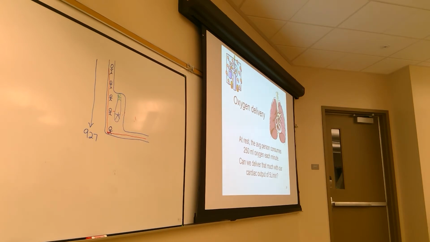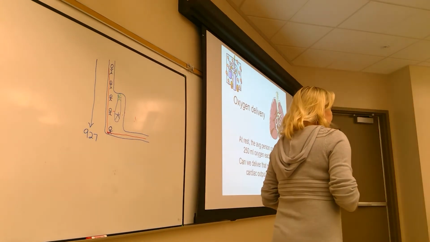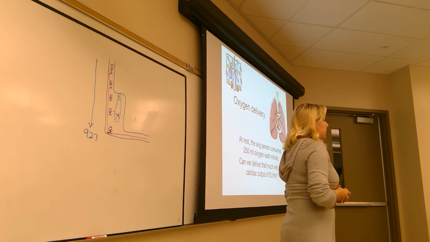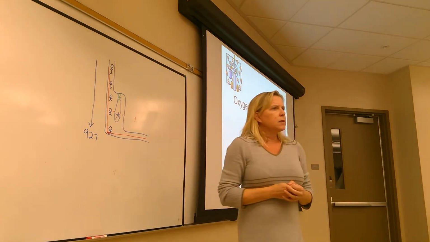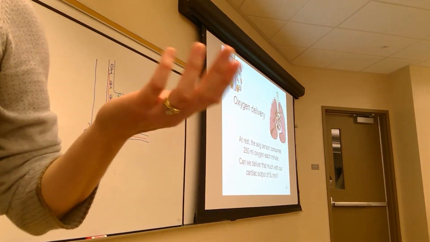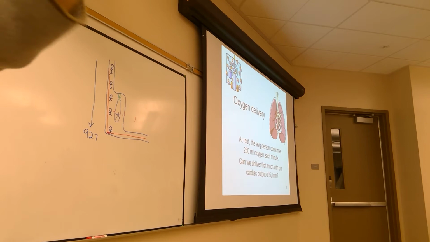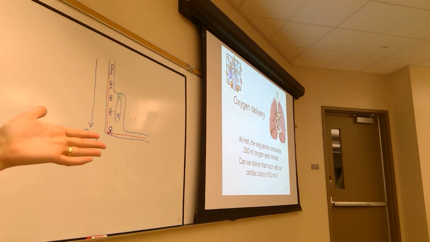That's all they need when you're at rest. Is your cardiac output of 5 liters per minute sufficient for that? Is it? Well, we need to talk about how much oxygen we're able to transport, because that will determine if our 5 liters per minute is okay or not.